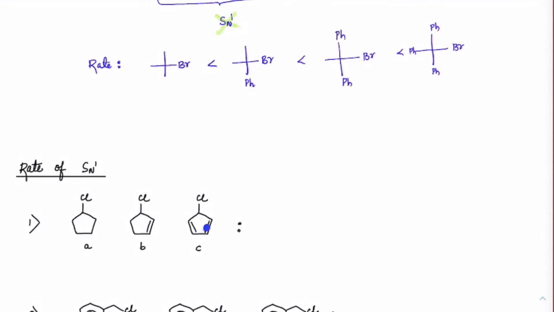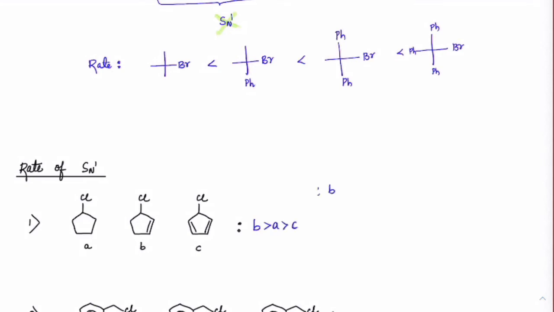But here it would form an anti-aromatic ring. I'm not showing everything in writing, I guess you can understand this because you have done this part. So this would form an anti-aromatic carbocation, so definitely this is not favorable. So B is most favorable, then A, and then C. So B better than A, better than C. This would be the rate of SN1.